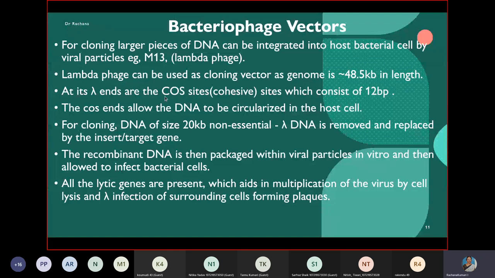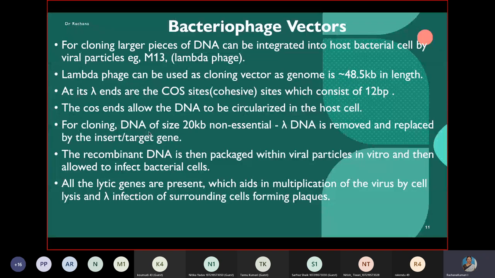What we can do is, if the size of the insert is small, you need not remove the lysogenic cycle genes. We can insert between the two cos sites which are present on either end of the phage genome. So either this way or by replacing the lysogenic cycle genes, we can design a bacteriophage vector.